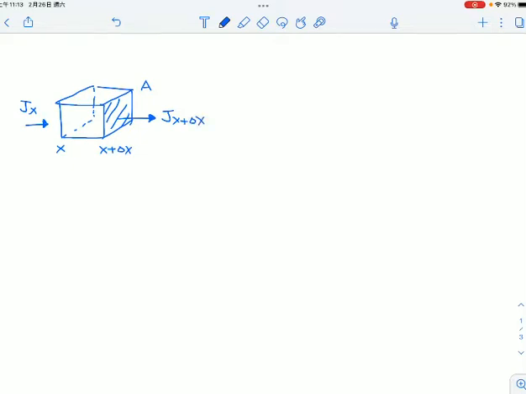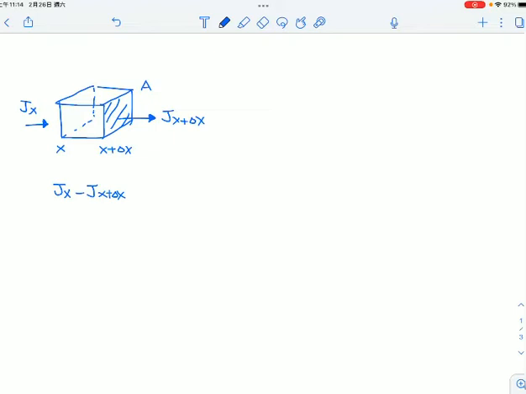So what's the continuity equation, or some people call it a conservation law? If I am a system, I get flux Jx, I gain some flux, but I lose some flux. This flux is out of my system, right?